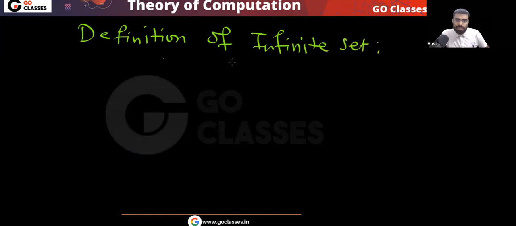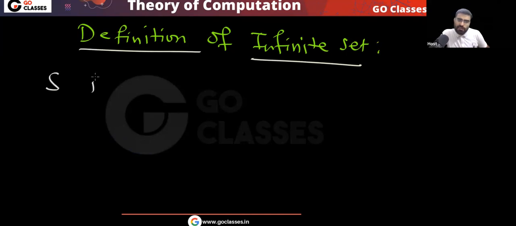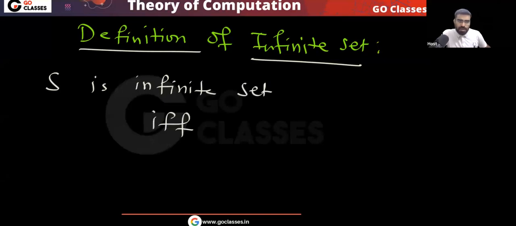If you want to show off, I can say S is an infinite set if and only if the cardinality of S is greater than or equal to aleph null. Agree? Or I can simply say the cardinality of S is greater than or equal to the cardinality of N. Like this you can do.